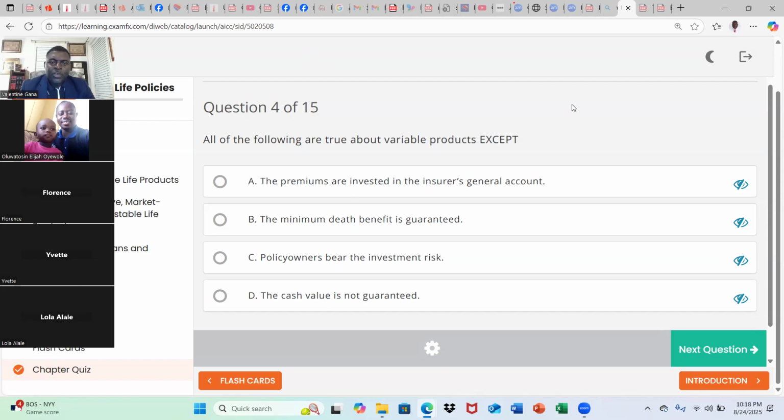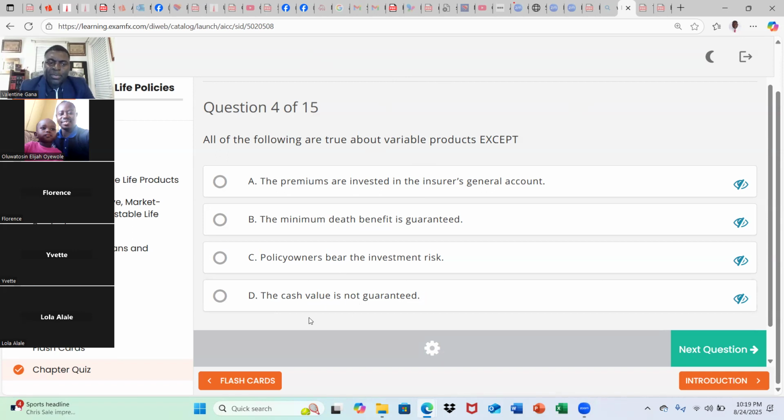All of the following are true about variable products, except. Based on what we explained, who can tell what the answer is? Let's start with D. Let's learn by going through the options. The cash value is not guaranteed. Is that true?